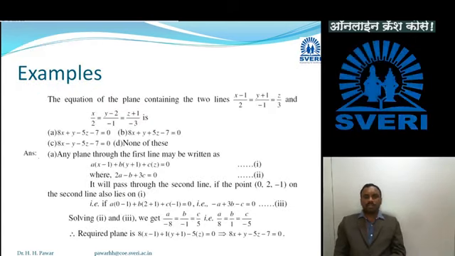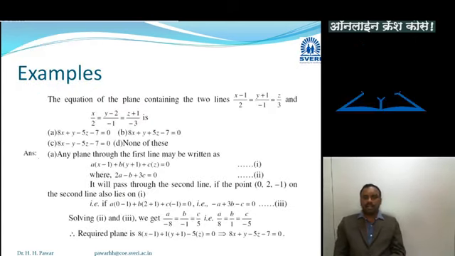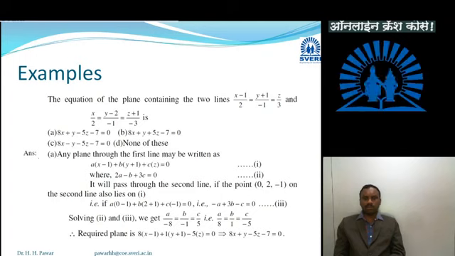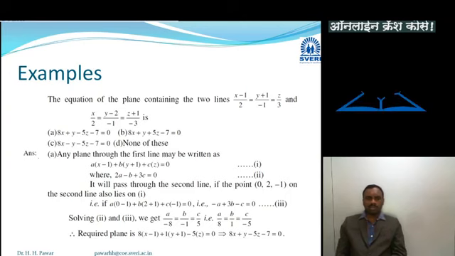Next one is the equation of the plane containing two lines, (x minus 1)/2, (y plus 1)/minus 1, z/3, and x/2 equal to (y minus 2)/minus 1, (z plus 1)/minus 3. The options are 8x plus y minus 5z minus 7 equal to 0, 8x plus y plus 5z minus 7 equal to 0, 8x minus y minus 5z minus 7 equal to 0, and last one is none of these.